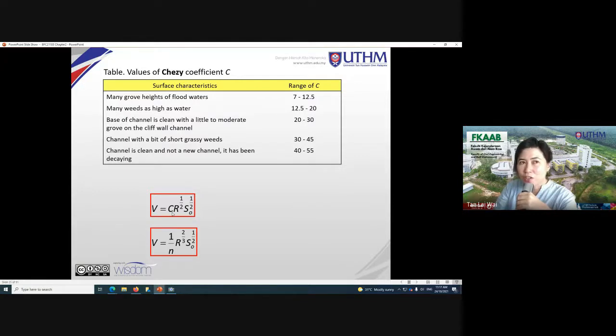If the channel is smooth, we'll expect higher velocity, so therefore Chezy would have higher value, because it is directly proportional. Meanwhile, for Manning, because it is inversely proportional, you will expect the Manning value to increase as the roughness increases. So if Manning is a large number, the velocity will be small.